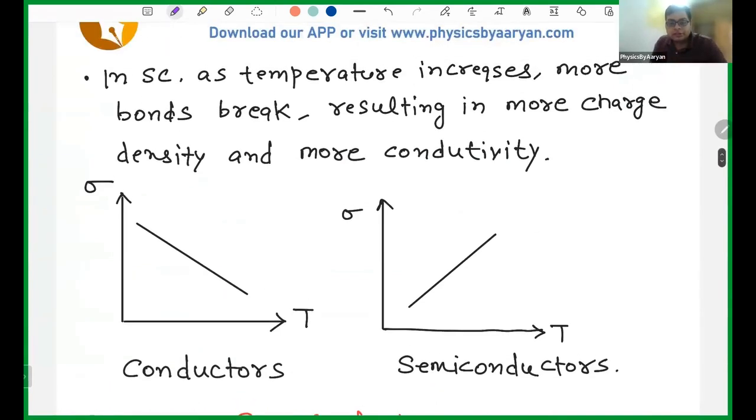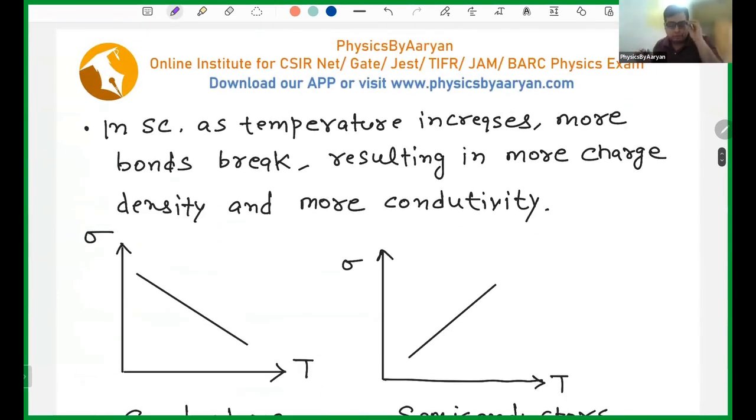But now in semiconductors, what happens? All of that is happening. I am not saying that vibrations are not increasing in semiconductors, but in semiconductors one more thing is happening. As you increase the temperature, more and more bonds are breaking and you are getting a bulk of free electrons. You don't have many free electrons to start with.